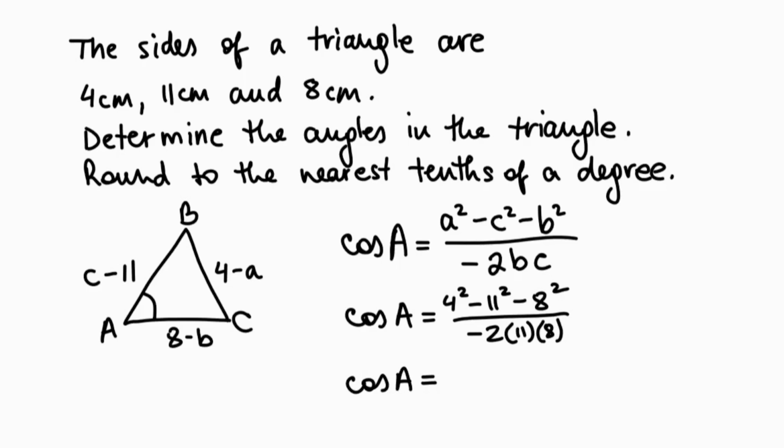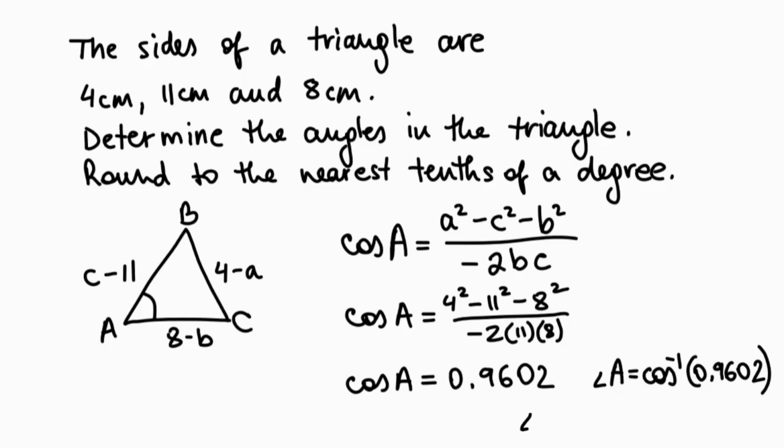Cos A is equal to 0.9602. And then now we need to still determine the angle. So A equals cos inverse of 0.9602. This is angle A. So angle A is equal to 16.2 degrees.